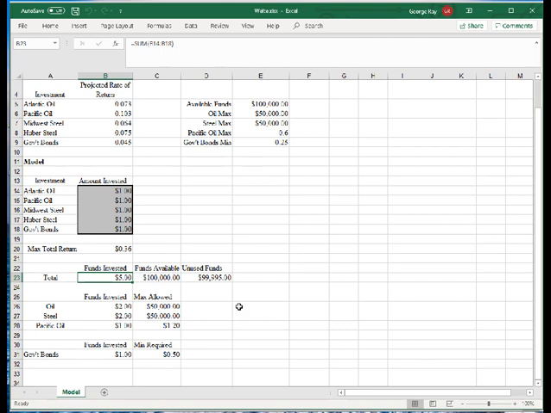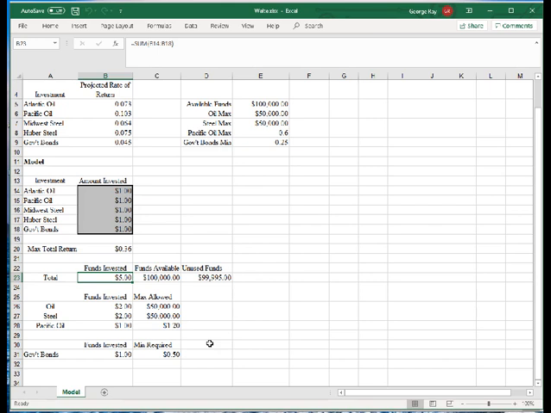And then with our funds invested, we have $2 invested in oil, the maximum $50,000. $2 invested in steel, maximum $50,000, and $1 in Pacific Oil, maximum there would be 60% of the $2 in oil, and that's $1.20.